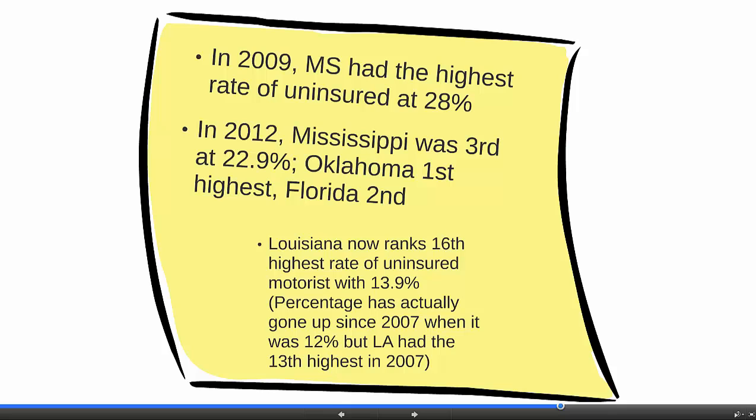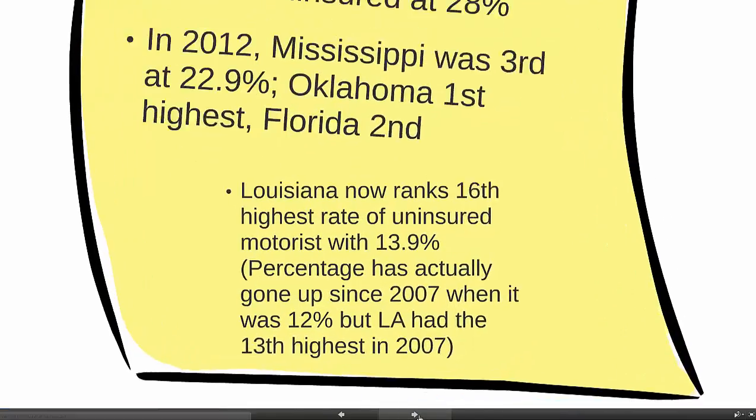Unfortunately, that percentage has gone up since 2007, when it was 12%. But Louisiana had the 13th highest rate of uninsured in 2007, so they've improved in the ranking. But I believe the reason that our uninsured motorist rate has risen a bit probably has to do mostly with the fact that we had a much needed increase in our liability insurance requirements in the state, and the economy.